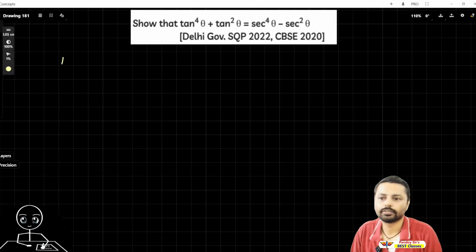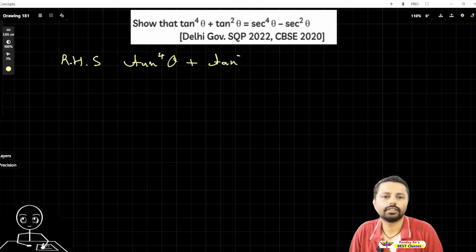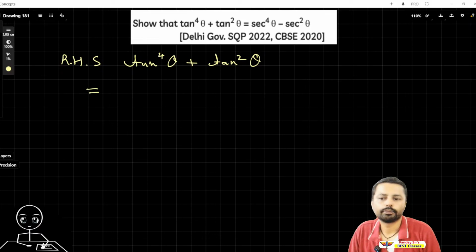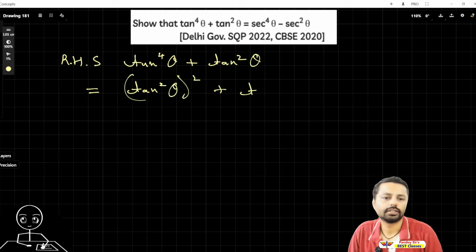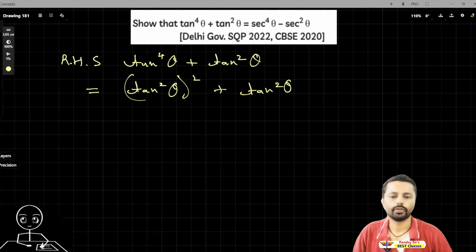So RHS: tan square theta, that is tan to the power 4 theta plus tan square theta, equal to tan square theta whole square plus tan square theta. If you have any doubt in that, you can ask me.